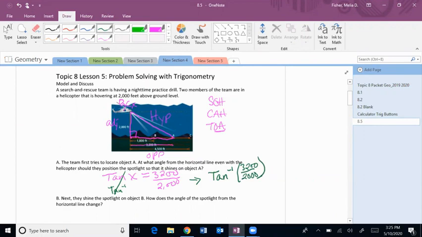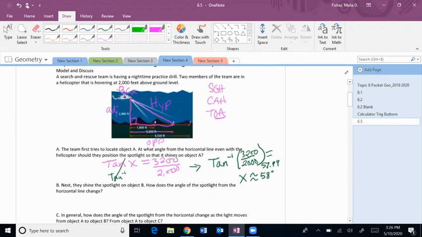And we're just going to punch that into our calculator, and that is going to equal about 57.99. So 57.99 is really close to about 58 degrees. And that should be the angle that they set that up for.